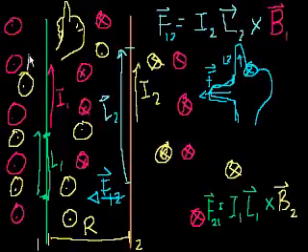So let me draw my hand. And just so you know, before I do any of these, actually look at my hand, just to make sure I'm drawing the right thing. So my index finger in the direction of L1, which is the same as I1. And then my middle finger is going to do what the magnetic field is doing. So my middle finger is actually going to point straight up.